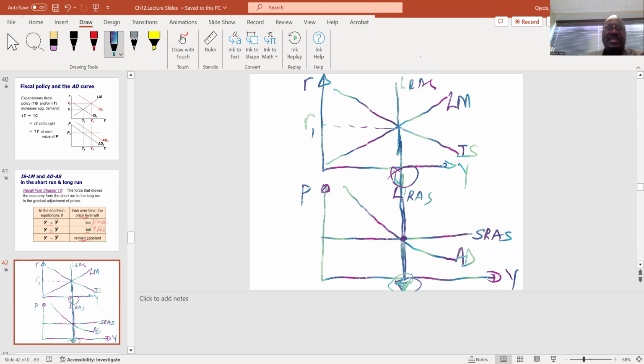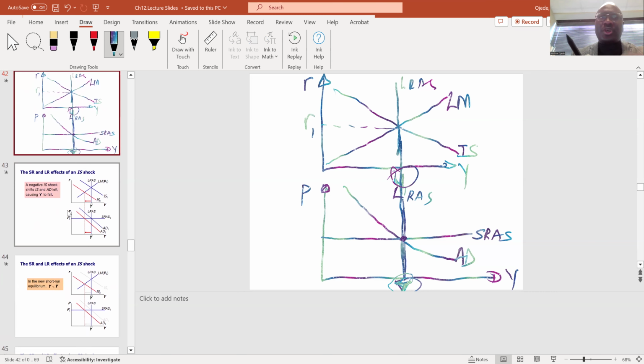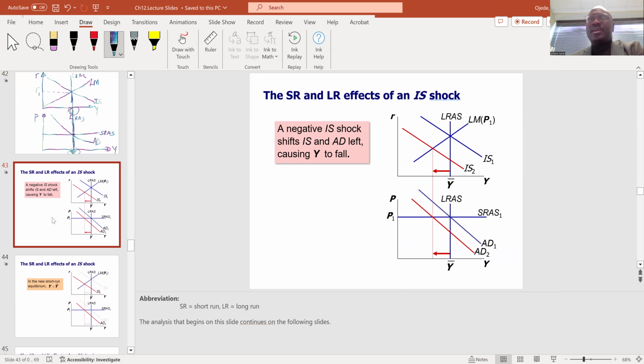But the economy is going to be disturbed. There are several macroeconomic shocks or disturbances that tend to push the economy away from its long-run equilibrium value, okay? So let's talk about how the economy will adjust, what the short-run effect of such shocks would be. For example, let's discuss the impact of an IS shock.